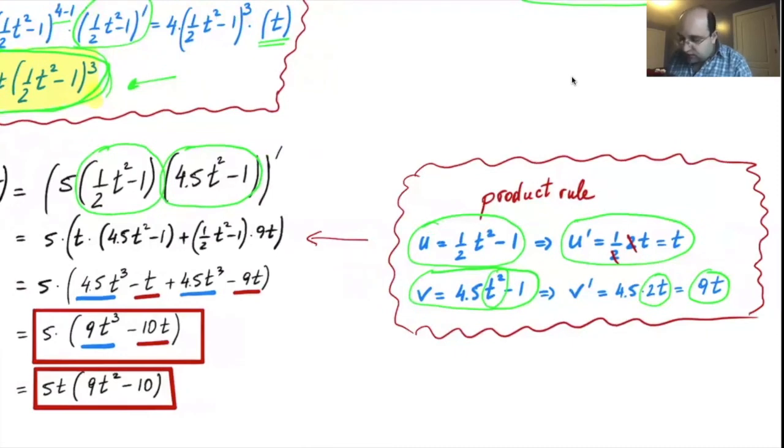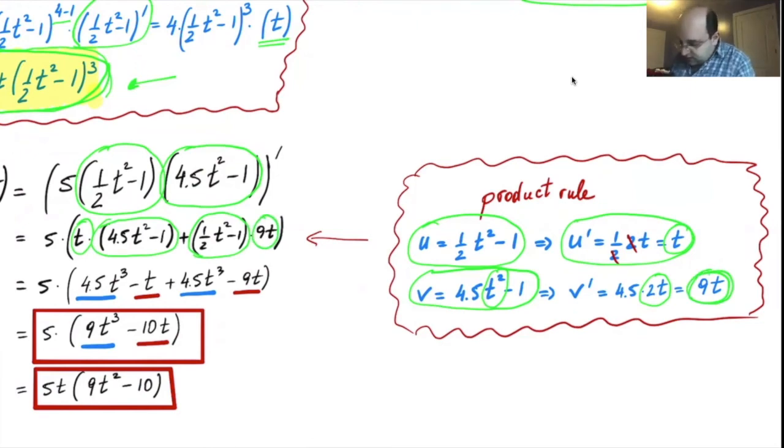So you get 5 times u prime, that's the derivative of u, which is t, times v, which is this expression here, plus u times the derivative of v, which is what we have calculated here.